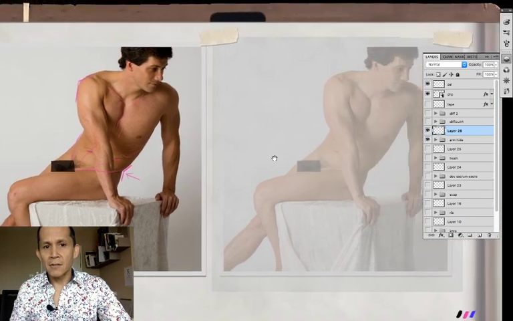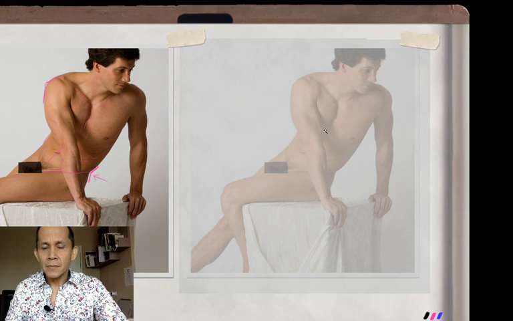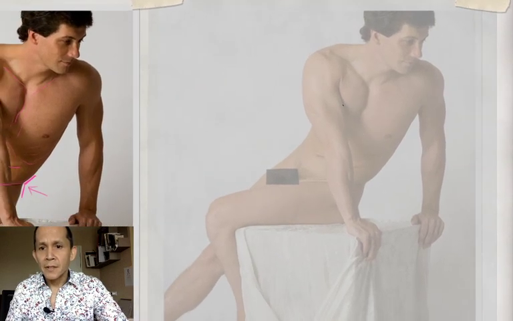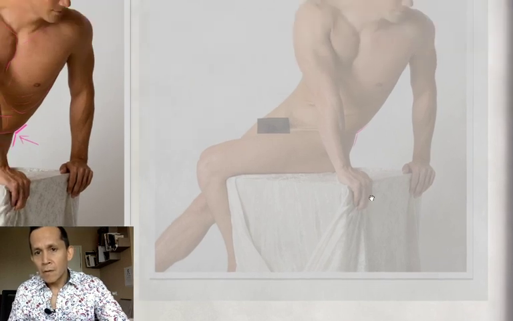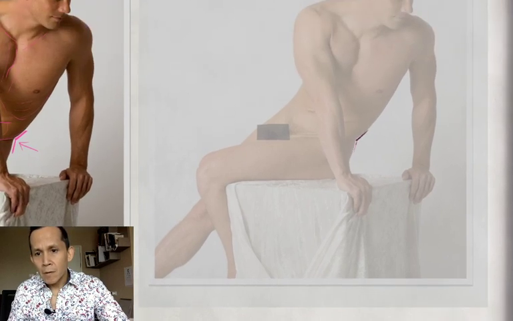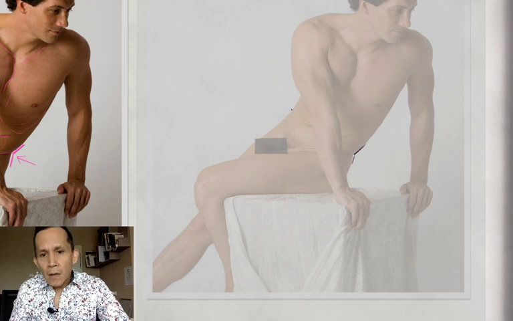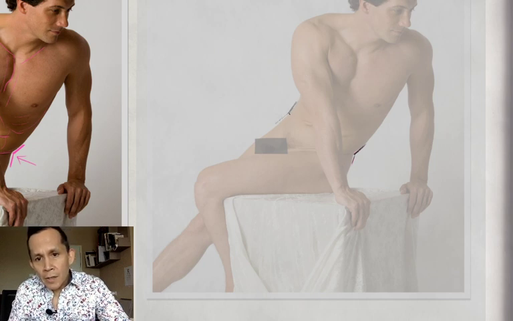Let's see if I can construct based on the clues I have. So, I have a corner here, and a corner here, and a line there. Abdominal walls here.